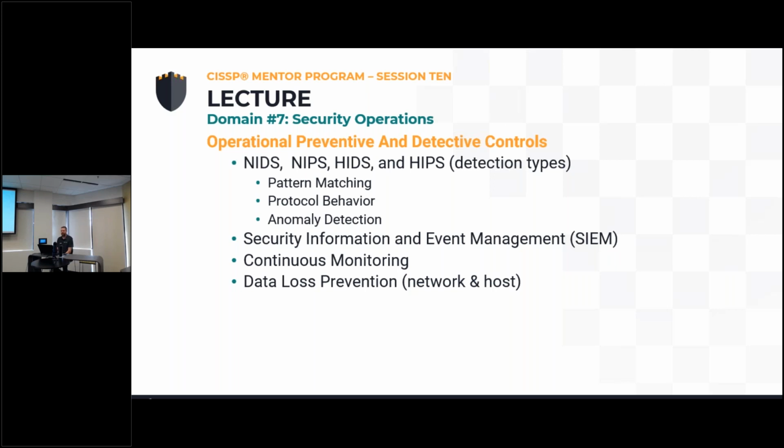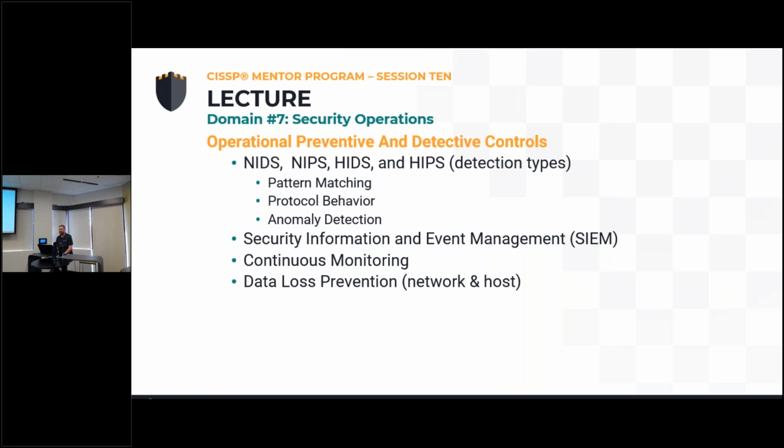So you've got the security information and event management. We talked about that. That's got multiple pieces on it: log aggregation, correlation, alerting. It's those multiple pieces, those different things together under one product. Continuous monitoring, ongoing monitoring. Pretty easy.